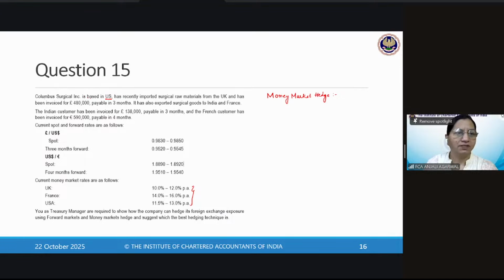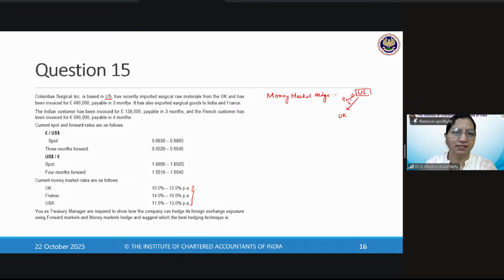Columbus Surgical Incorporation is based in US, so your home currency is US. It imported surgical raw material from the UK, so it deals with UK. He is an importer. That means it will have payables in pounds, right? Particularly if the import or invoice currency was pounds.